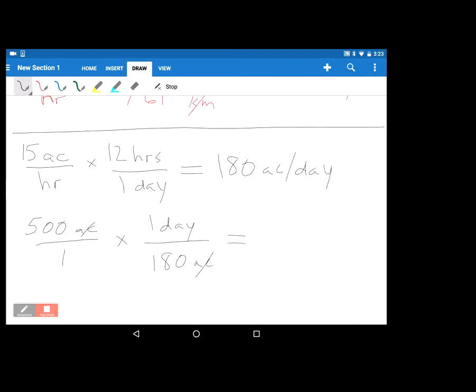So 500 divided by 180 is 2.78 days. Again, this is one where I wouldn't have a problem with you just thinking logically through it. You'd come to the same result, but you can use units cancellation for pretty much any type of problem like this.